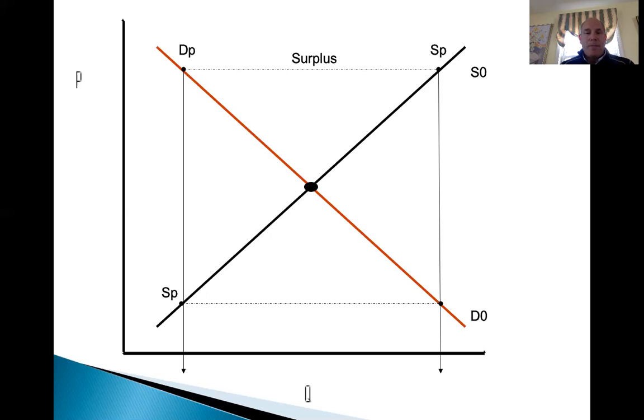Down here, SP and DP, the supply price and the demand price, below the equilibrium point, with quantity supplied and quantity demanded, you get into the shortage situation. The supply is not able to meet the demand, or the demand is above that which is potentially able to be supplied.